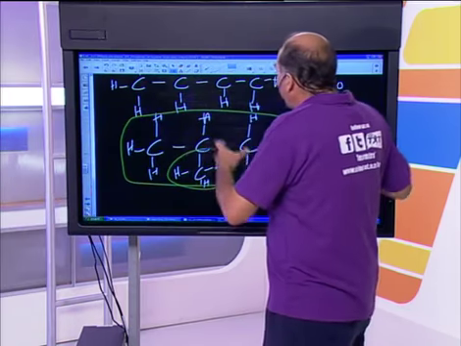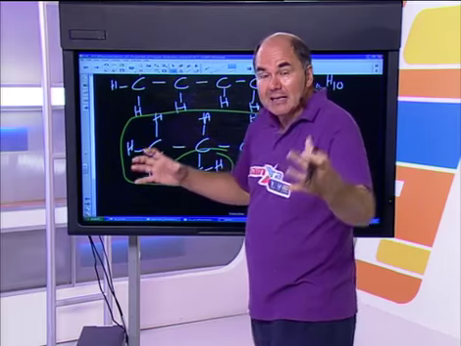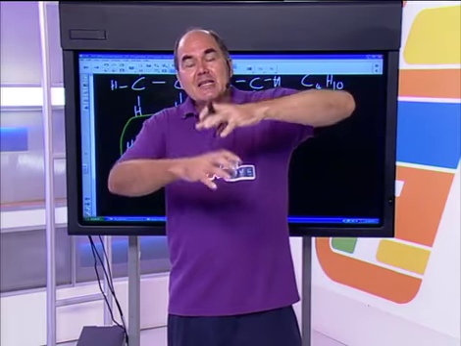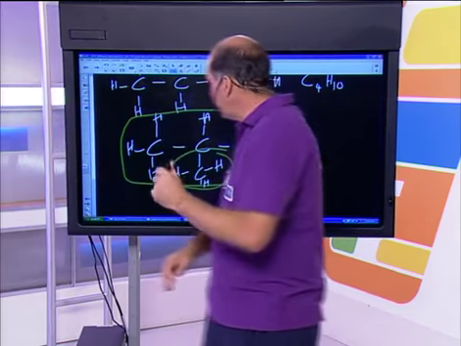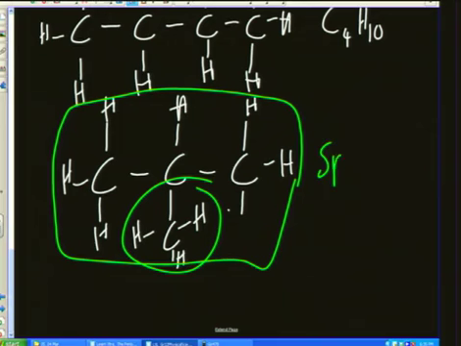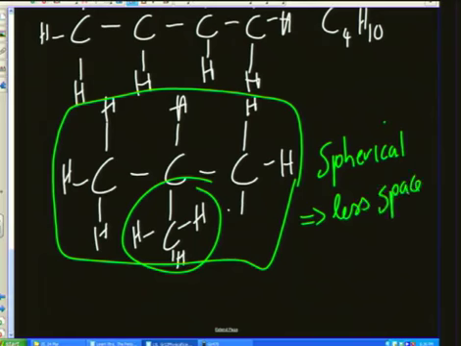And if we had to compare a bigger molecule and its isomer, what we'd recognize is that these molecules are no longer so slinky. They become more spherical. And if it's more spherical, there's less space, and therefore less forces.